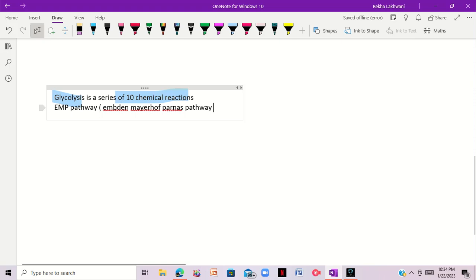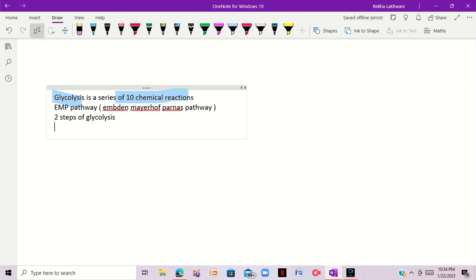So basically the first substrate is glucose, so it utilizes glucose first. There are two phases of glycolysis.